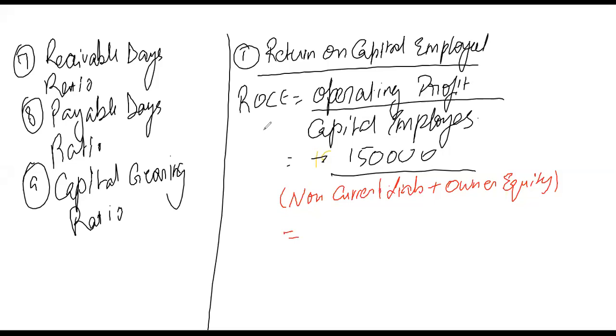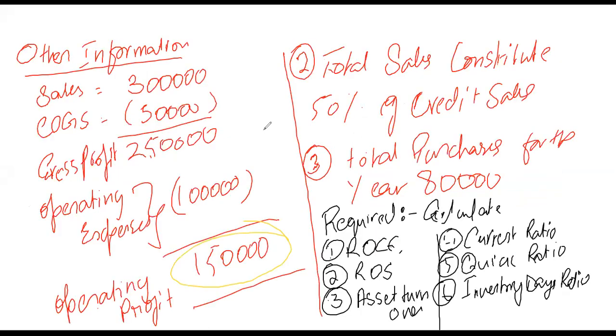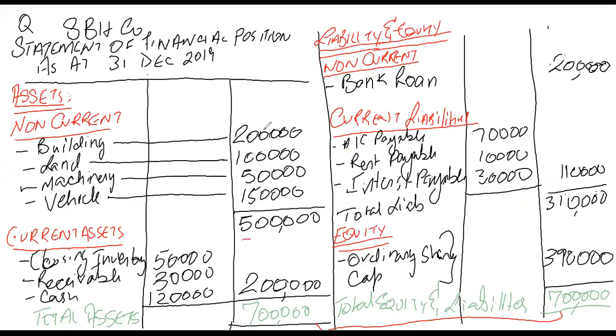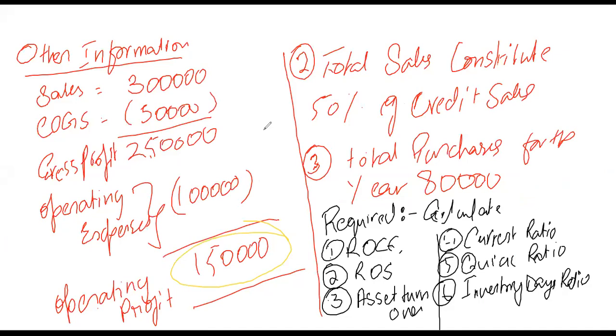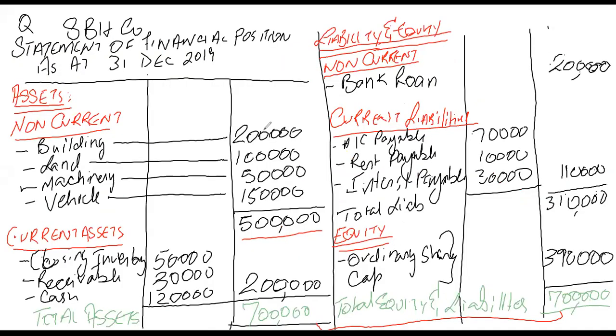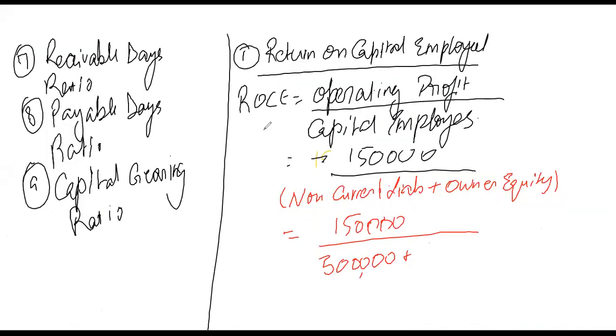So we will be dividing 1,50,000 by non-current liabilities. What are the non-current liabilities given in this question? We have been given 5 lakh rupees of non-current liabilities, plus the owner equity of 3,90,000.